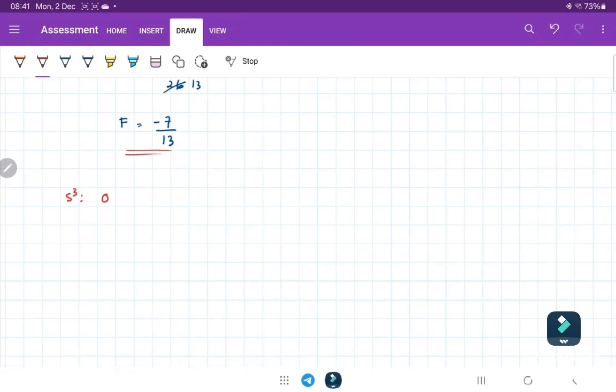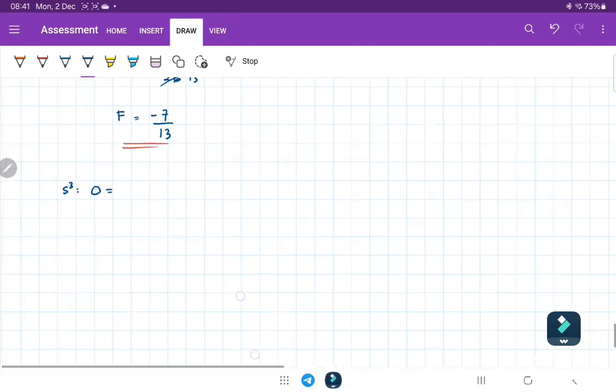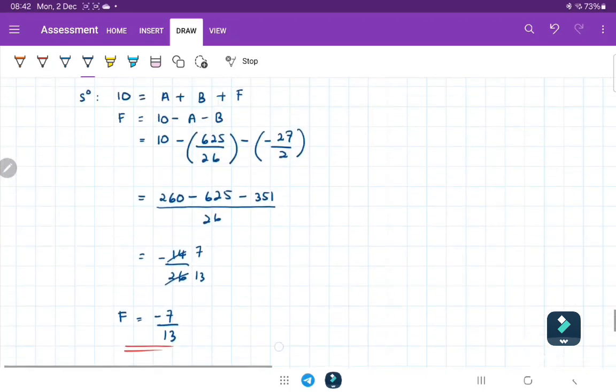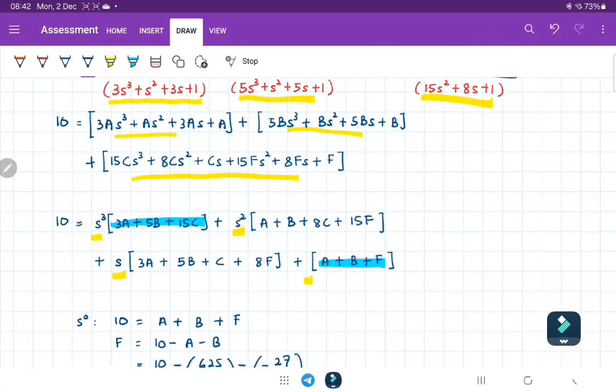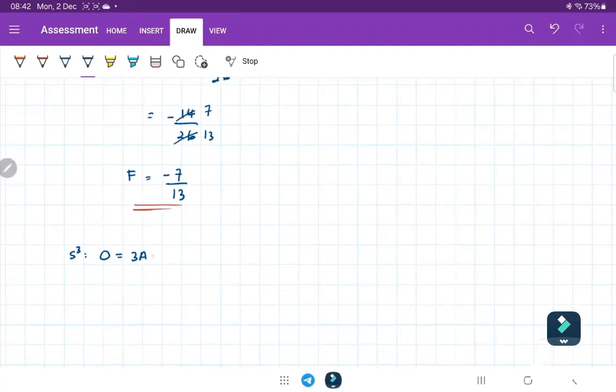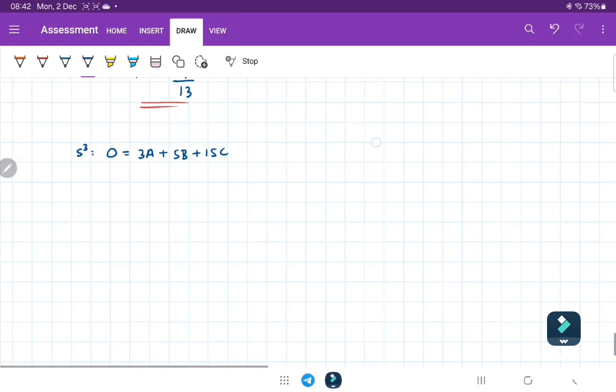So s cubed, 0, equals to, just now we have 3a from here, 3a plus 5b plus 15c. Okay, so let's bring that down. 3a plus 5b plus 15c.